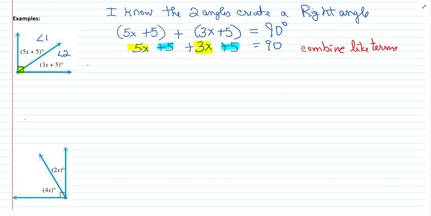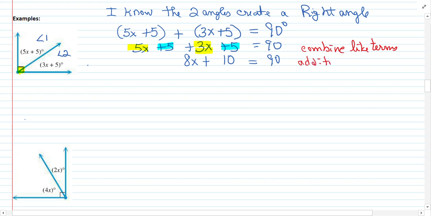So let's do some math. 5x and 3x is 8x, and 5 plus 5 is 10. Then I do additive inverse to isolate or put alone the variable.